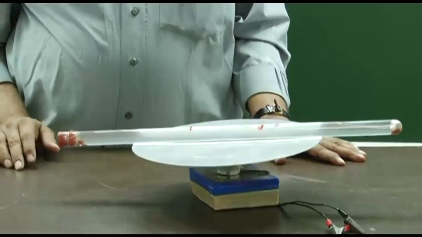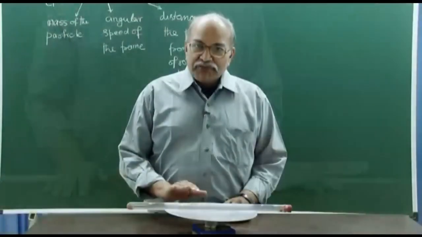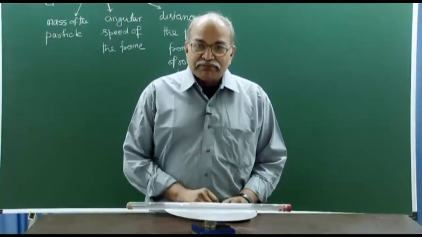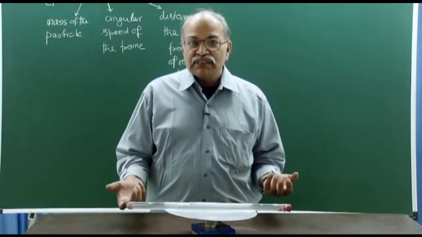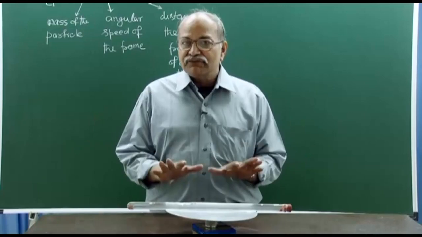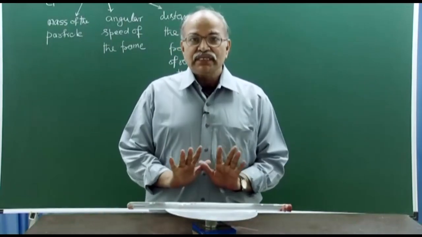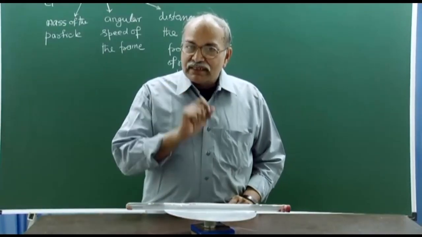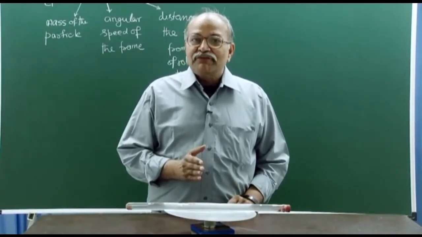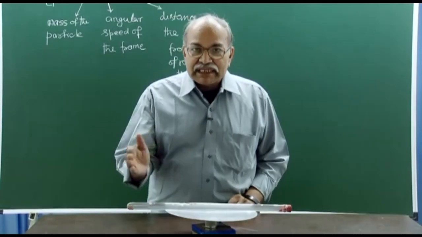So, how do I analyze? If I am using disc frame, I must use centrifugal force together with other real forces and then use Newton's second law. Now, if I think of stone particles, the centrifugal force will be away from the center.